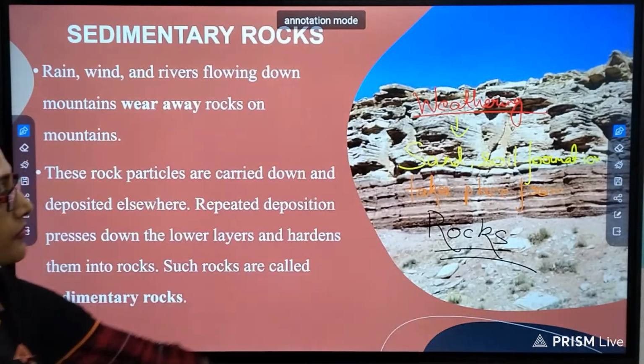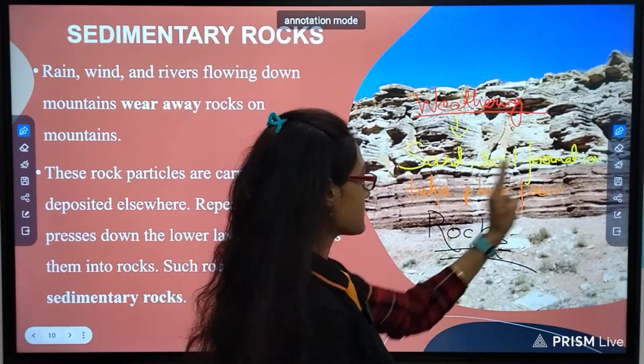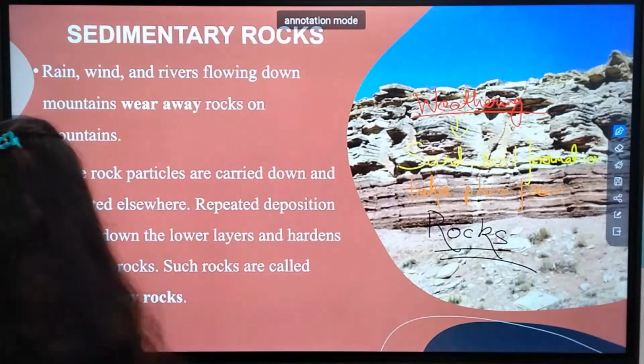Okay, weathering is a process by which sand or soil formation takes place from rocks. Okay, how?